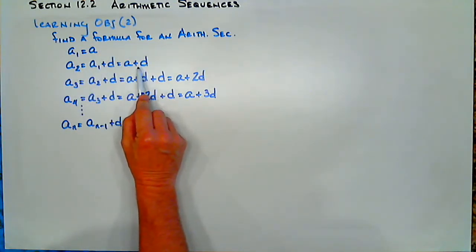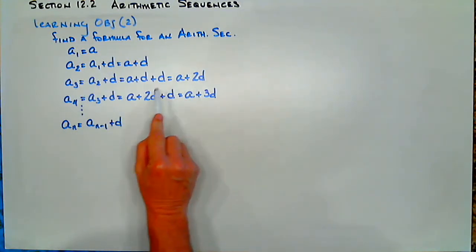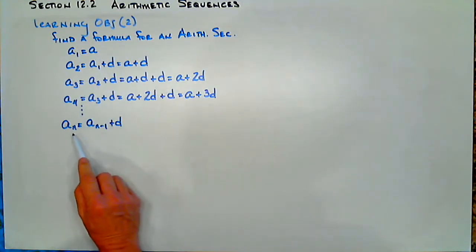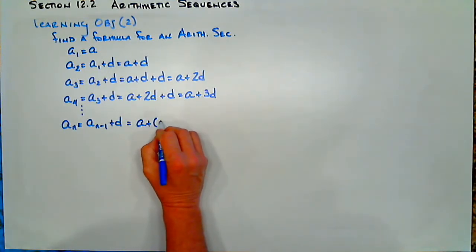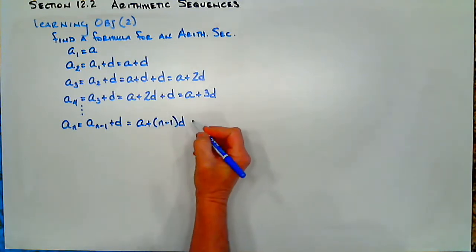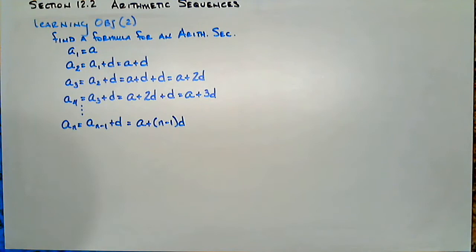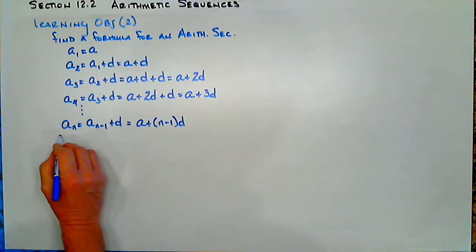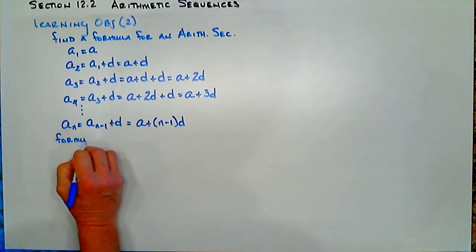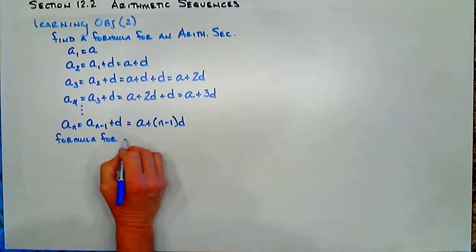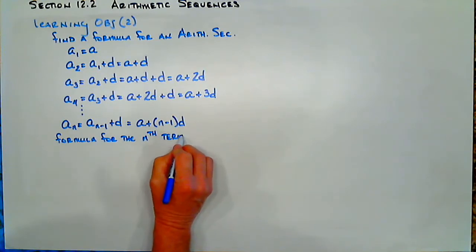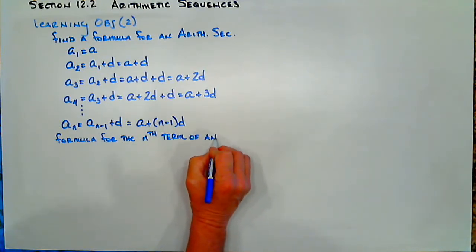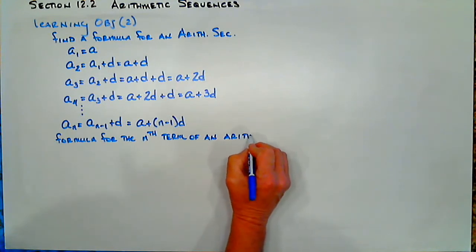So 2 gets us 1d. 3 gets us 2d's. 4 gets us 3d's. So n gets us a plus n minus 1 d's. And that is the nth term formula for the nth term of an arithmetic sequence.